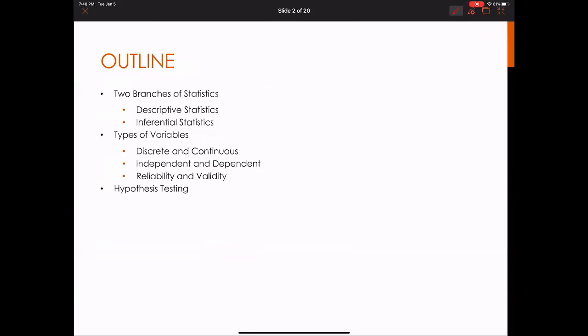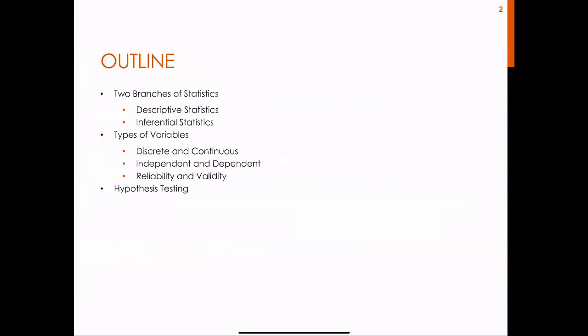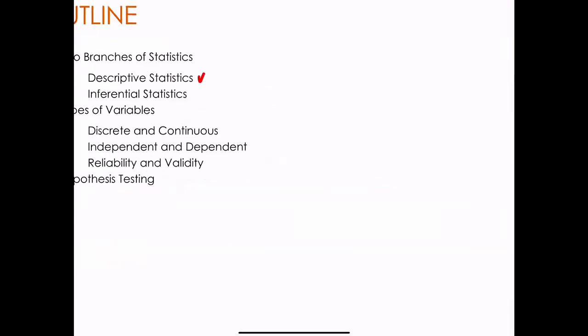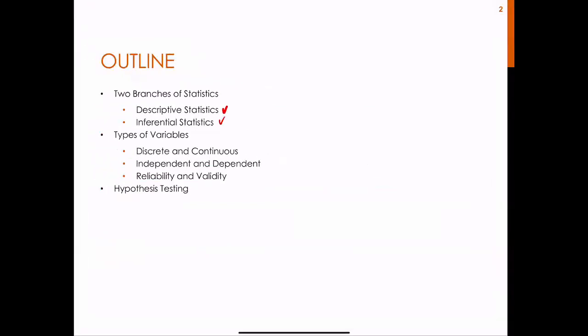So we will talk about two branches of statistics, I mean the differences in descriptive statistics and inferential statistics. And also I will identify the different types of variables. So in the first half of the semester, we will focus on these two things: statistics and types of variables.